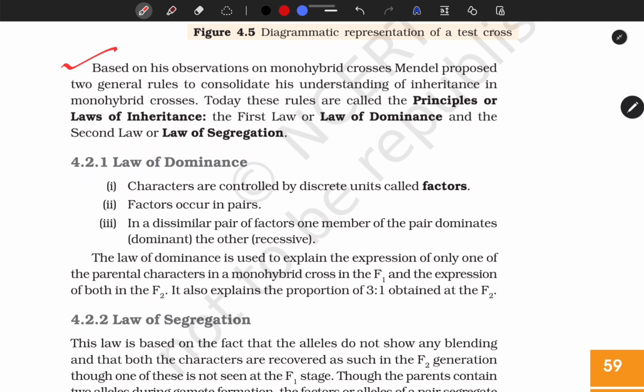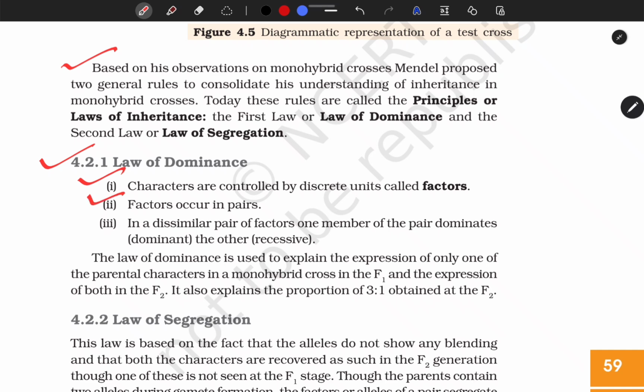Based on his observations on monohybrid crosses, Mendel proposed two general rules to consolidate his understanding of inheritance in monohybrid crosses. Today, these rules are called the principles or laws of inheritance: the first law or law of dominance and the second law or law of segregation. 4.2.1 Law of dominance. First, characters are controlled by discrete units called factors.